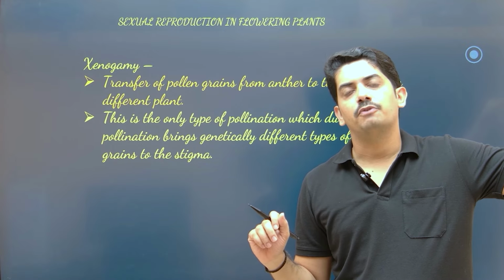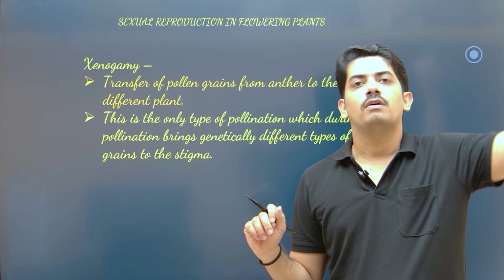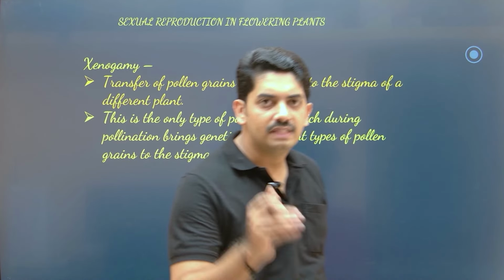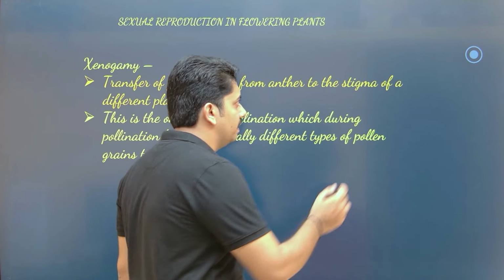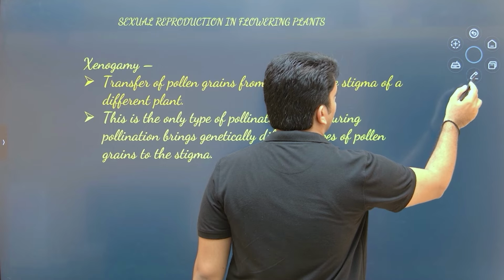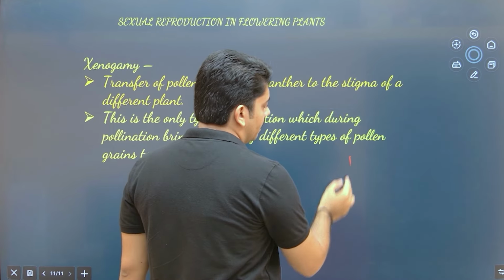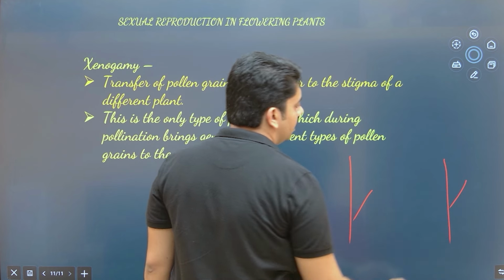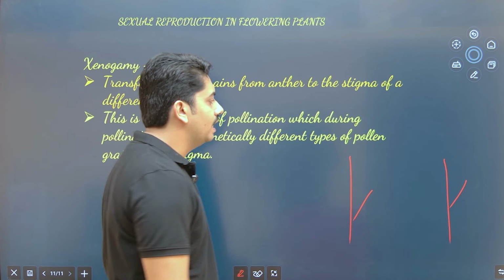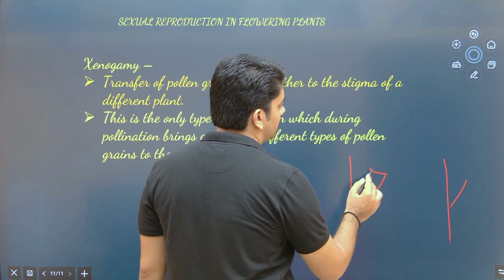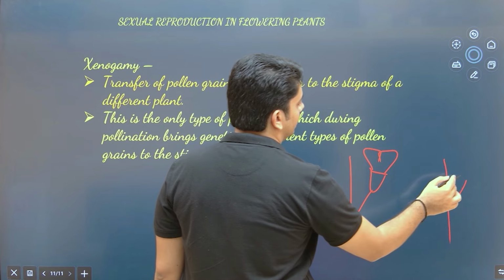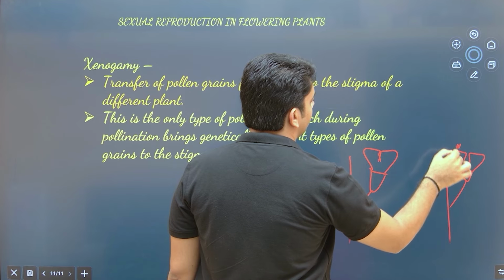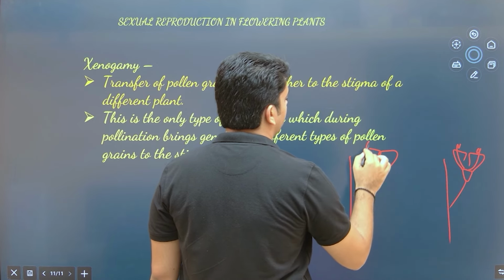Now pollen grain from one flower with the help of pollinating agents reaches another plant of the same species and pollination takes place. Please do remember there are certain chemicals on the stigmatic surface which have the ability to recognize the pollen grain of the same species and pollen grain of a different species. Let us consider these two are the same species of plants and at the same time they show flowering.